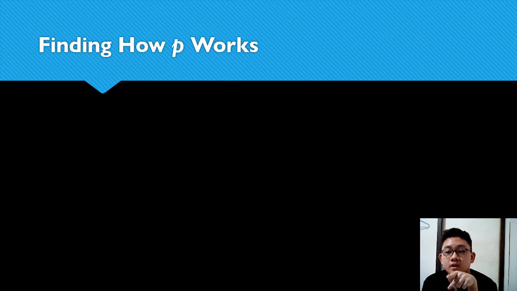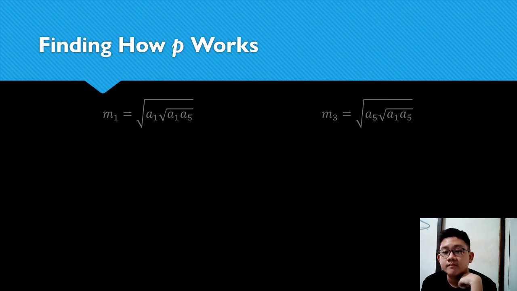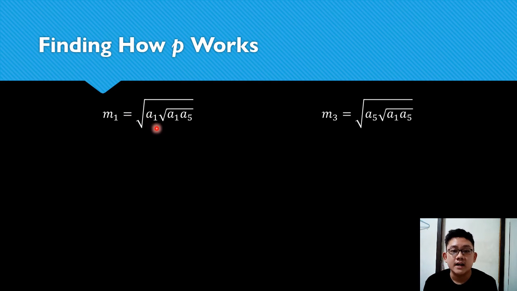So now we are going to see if the logic is really similar to earlier. So there you have a sub 1 times the square root of a sub 1, a sub 5, and a sub 5 times the square root of a sub 1, a sub 5.